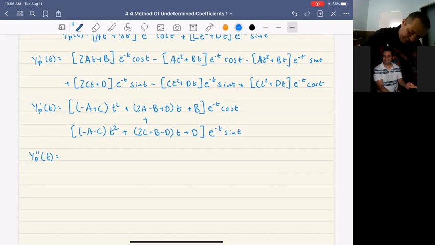So that's going to be 2 times (negative a plus c) plus 2a minus b plus d, times e to the negative t cosine t.